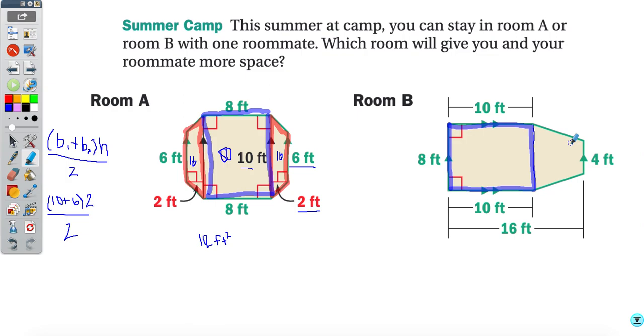And then we're going to have another trapezoid. We'll have to find the area for that as well. So since the rectangle is 8 by 10, which is the same as the last one, I'm just going to write 80 feet.